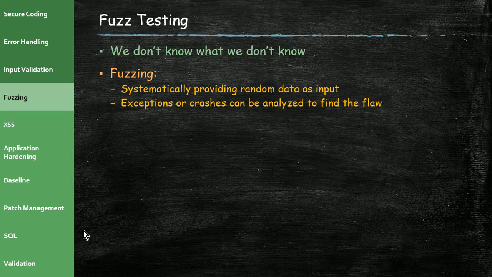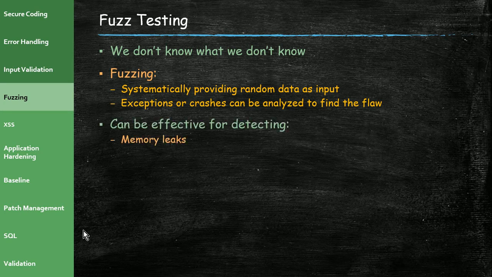As you're sending this random data to your application, any exceptions or crashes could then be analyzed against the random data that was passed, so you can see what in that random data would have caused that crash or exception, and that would expose flaws in how you're handling those inputs. It can be effective for detecting things like memory leaks and buffer overflow errors, and all these other things that we talked about.